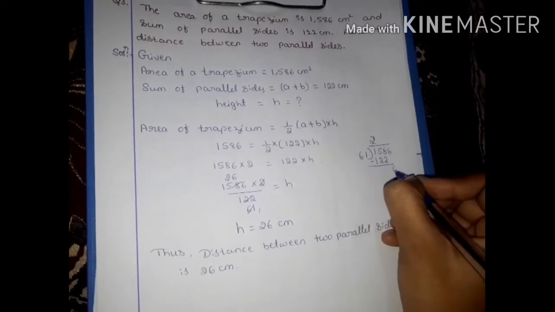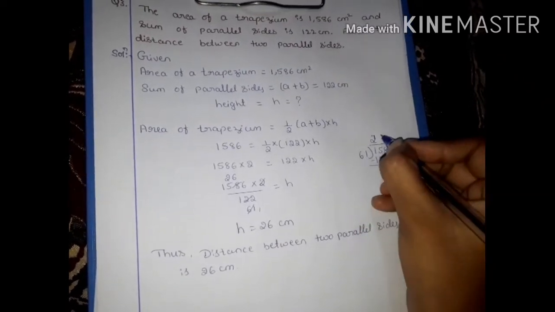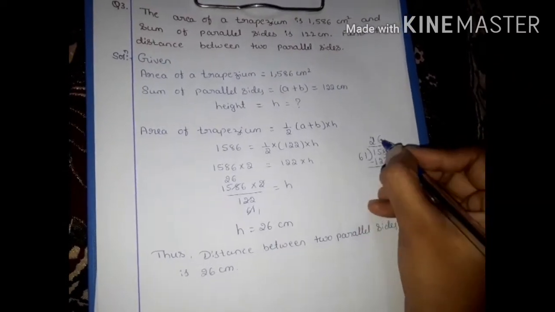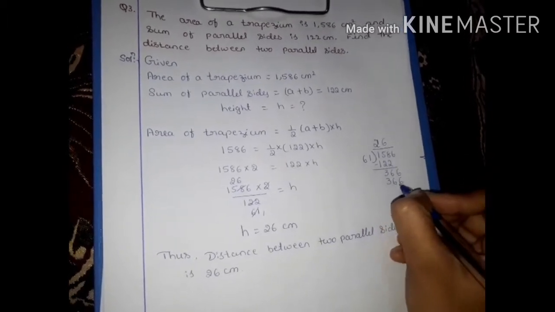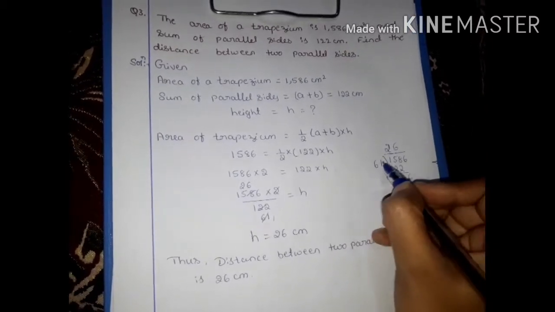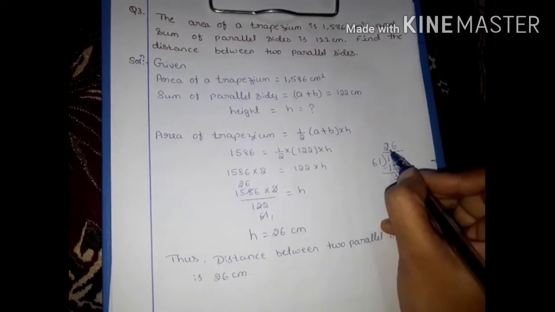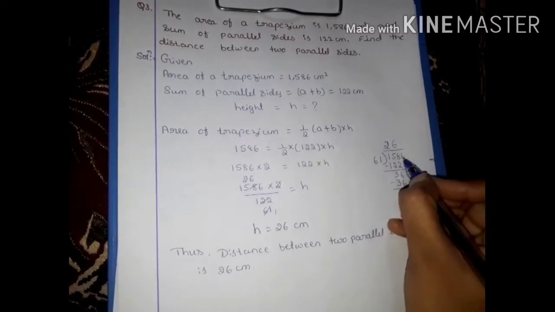Subtract, 366. 61 sixes are 366. Remainder 0. 61 is going to divide 1586 by 26. Nothing but 61 times 26 is 1586.